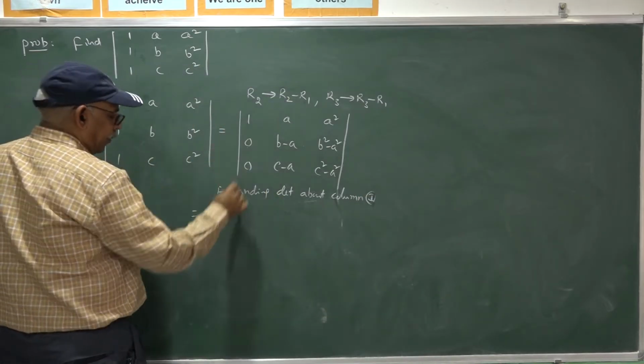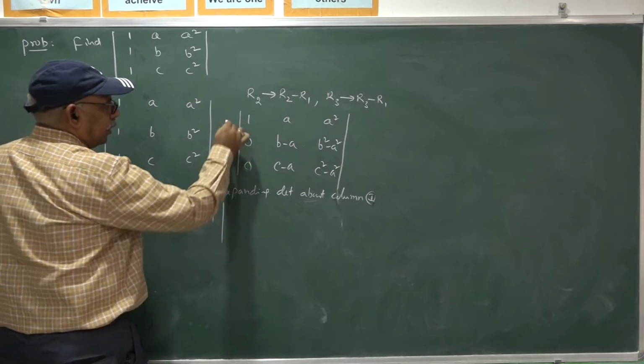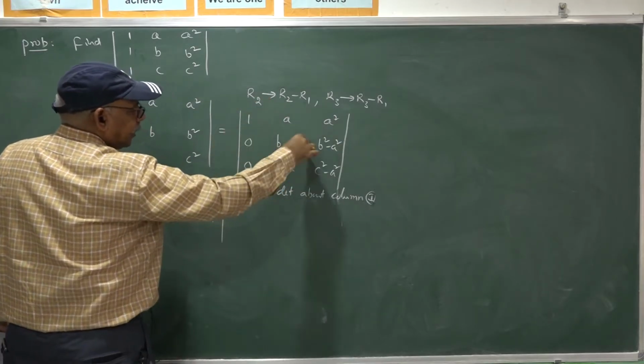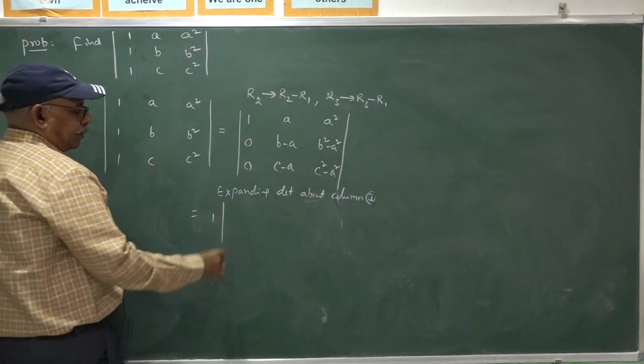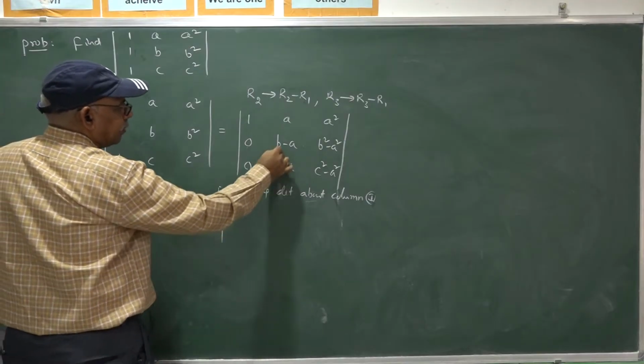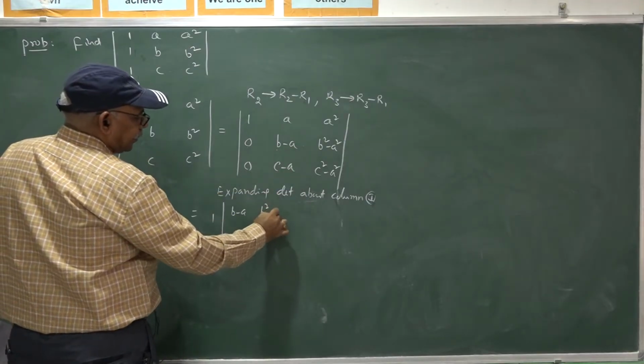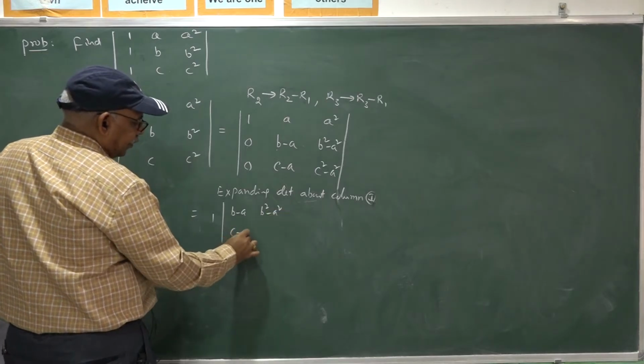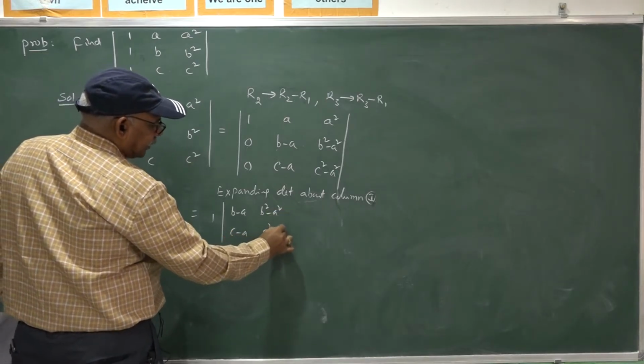We get 1 into, eliminating that row and column, the determinant of the remaining submatrix B minus A, B square minus A square, C minus A, C square minus A square.